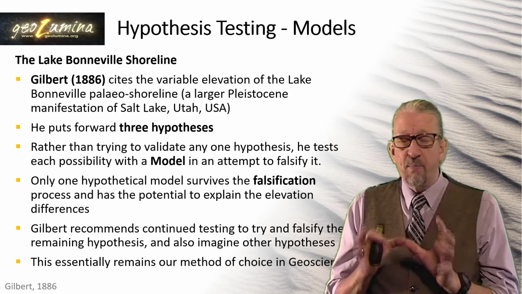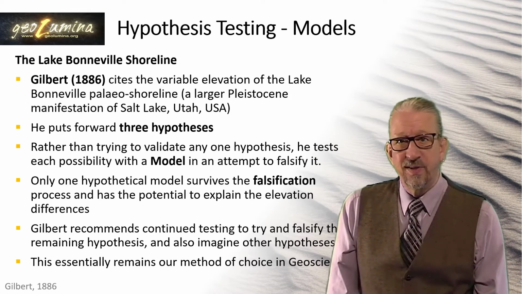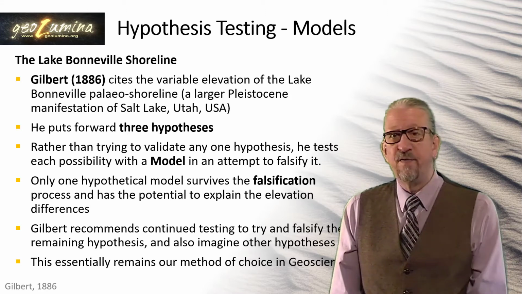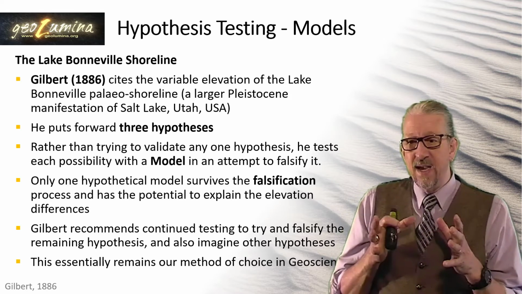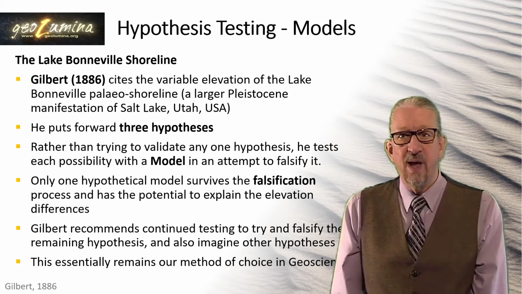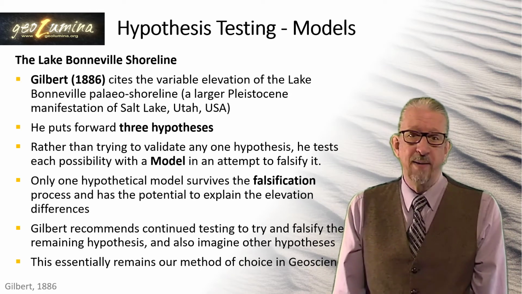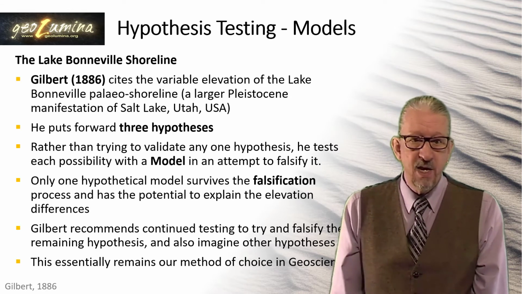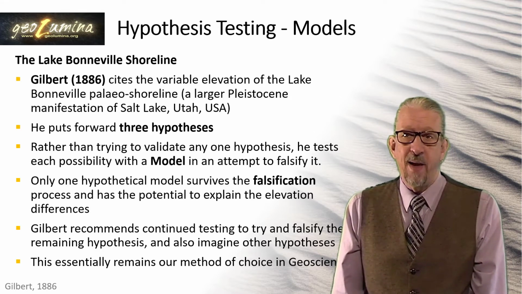Now, going through that process, only one of his models stood the test and survived the falsification process. So on that basis, then, he concluded that this third model was the most likely explanation for the shifts in paleo shoreline. But he then does go on to say that you should continue to test and try and falsify that model.